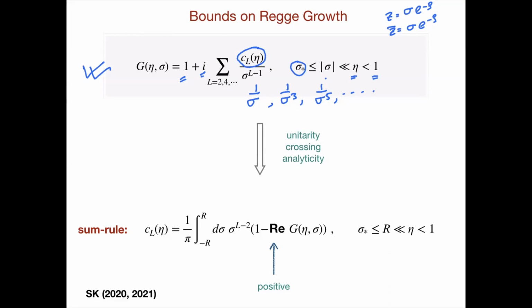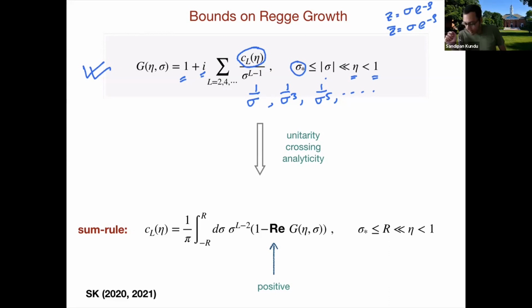Go ahead, please. I'm sorry. Okay. So for this particular Regge correlator, I can write down the sum rule for the CL coefficient, just like the sum rule that one can write down for a flat space scattering amplitude.